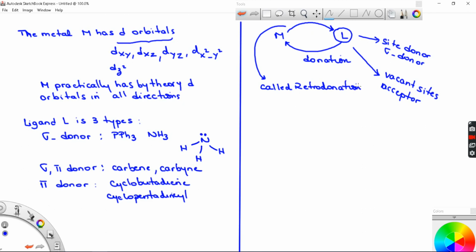A metal can retrodonate to a ligand L if M is rich in electrons, and if L has an orbital acceptor.